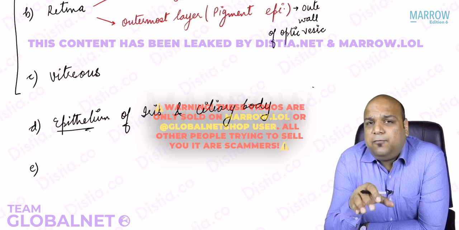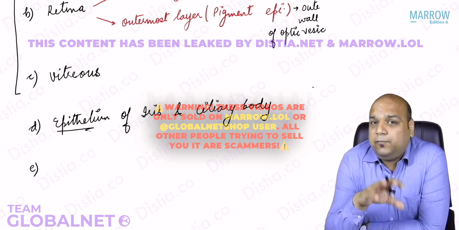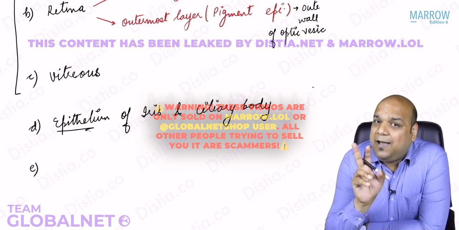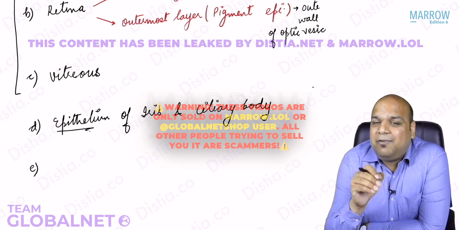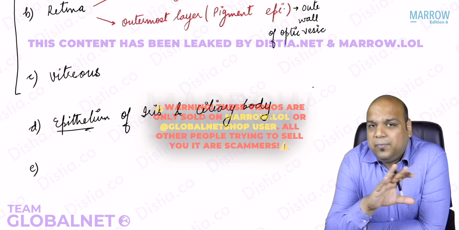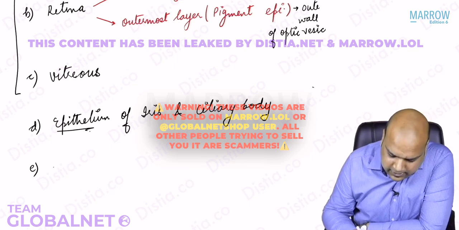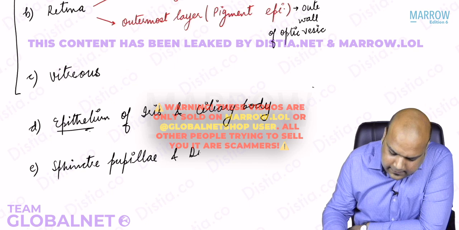Apart from that, all the other parts of the iris and ciliary body, which is part of the uvea, will come from the vascular layer. What is the vascular layer? The deep or inner vascular layer formed from neural crest cell mesenchyme. Also what develops are two muscles, sphincter pupillae and dilator pupillae.